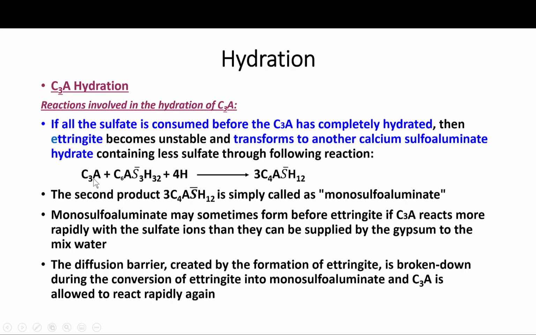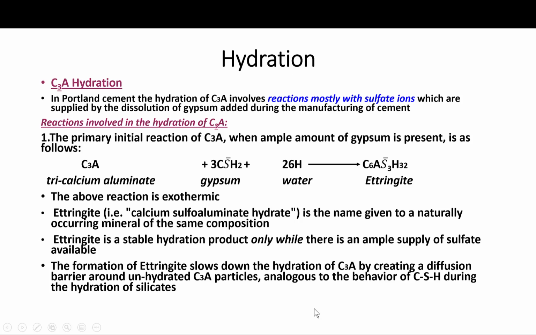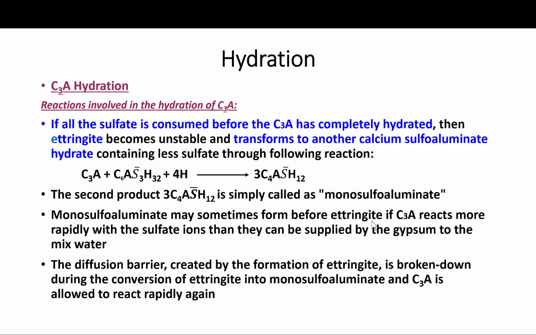The unhydrated C3A plus this ettringite formed earlier plus water will give us this sulfoaluminate hydrate. This second product is simply called monosulfoaluminate hydrate. It has one S compared to 3 here. This is a trisulfoaluminate, this is the monosulfoaluminate.